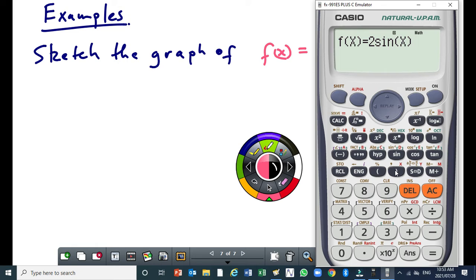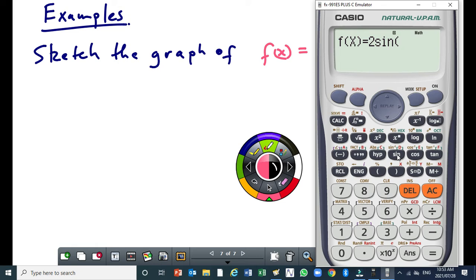Okay, I'm going to repeat this part. So first thing, you click on 2, because that's the coefficient of sine x. Then you click on sine, then alpha. It's written in red for my calculator. I don't know your calculator, what color.